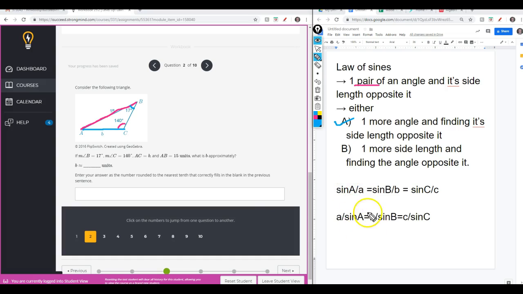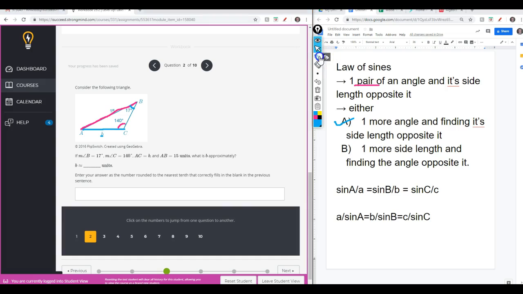So now we're going to choose. I'm going to choose this setup because I'm looking for little b, which is a side length, and I want it in the numerator when I'm solving it. I'm not going to set up according to angle A, B, or C. I'm just going to explain what the law of sines is.